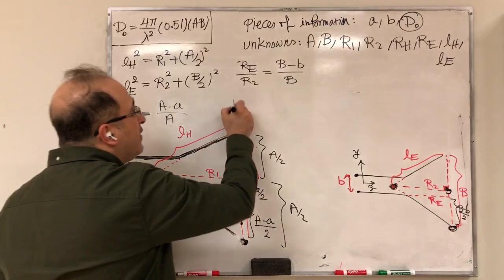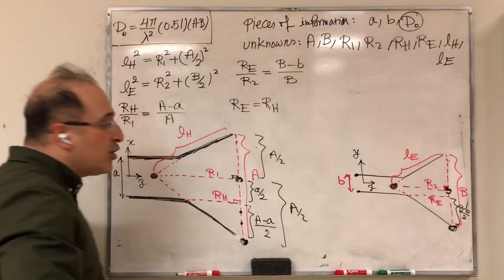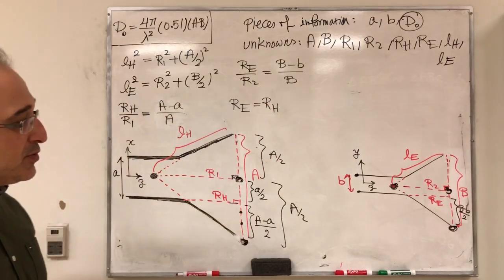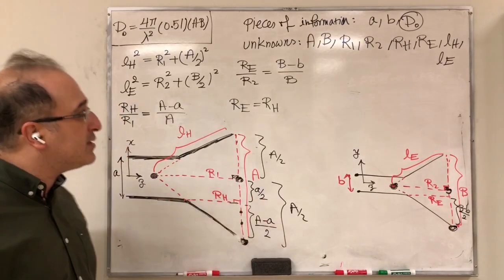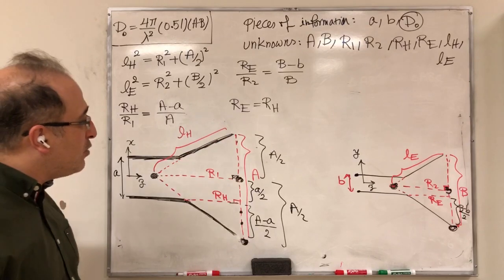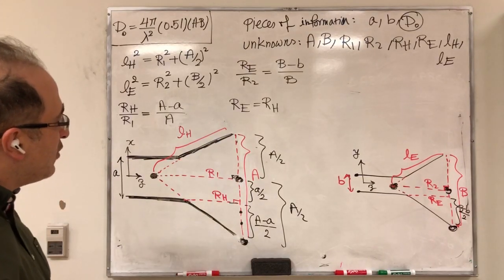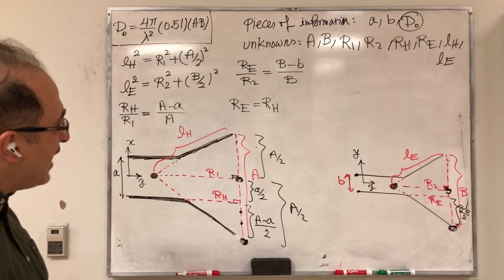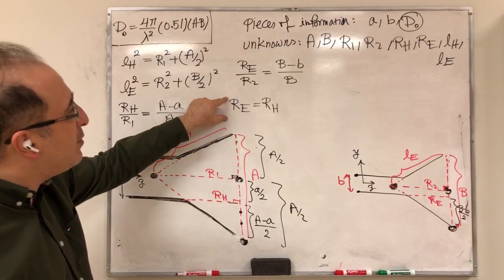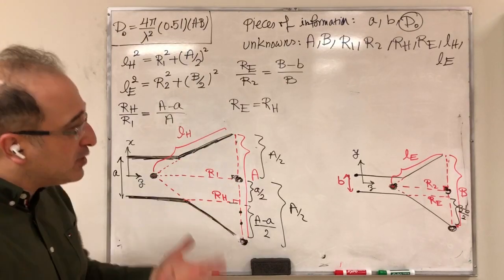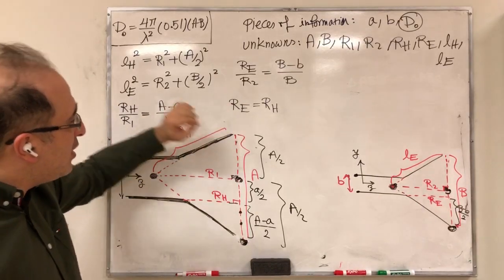So the other equation that we have, RE equal RH, comes from the fabrication aspect, that you have a 3-dimensional object. These two need to be consistent, so that you can create a 3-dimensional structure from this. So that's something that comes not from geometry, it comes from the fabrication aspect, which of course is related to 3D geometry as well. So this is RE equal to RH.